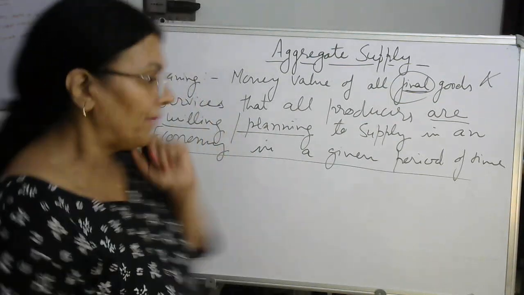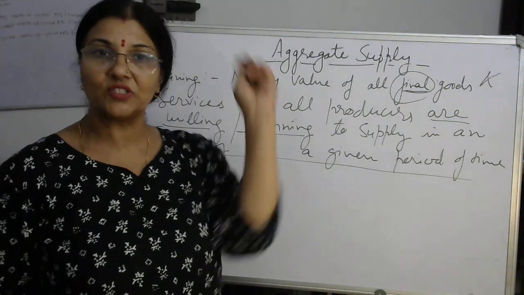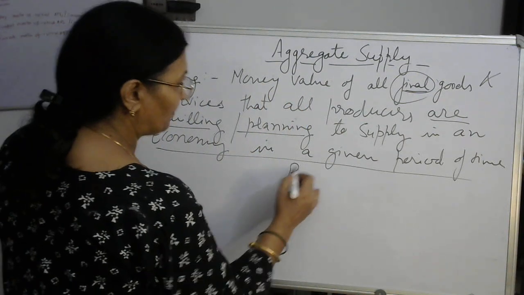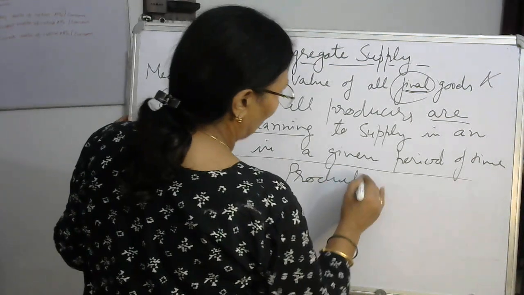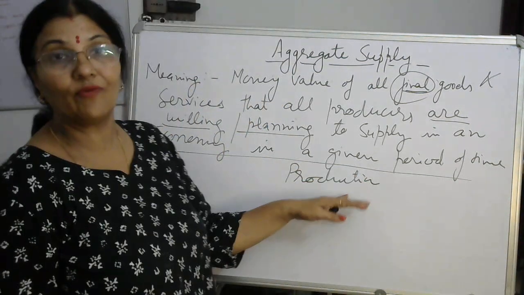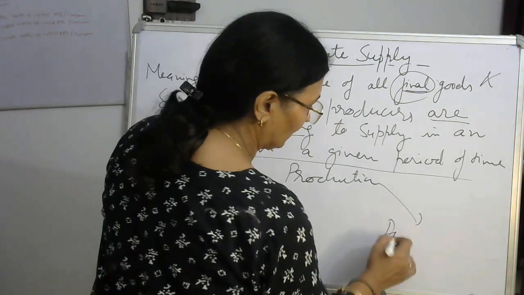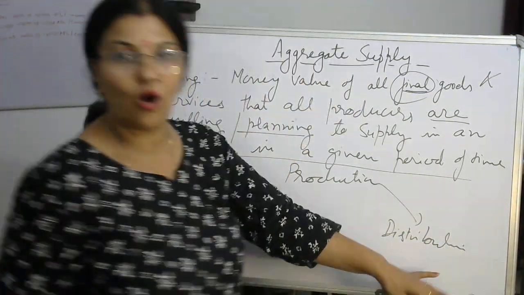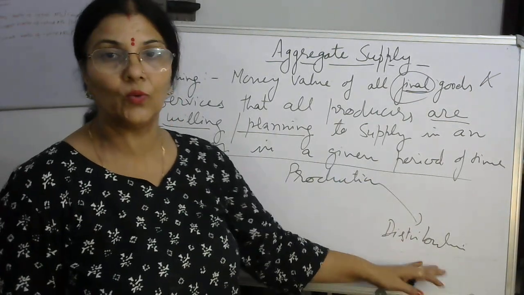And aggregate supply is the value of all final goods and services. Go to the first chapter of macroeconomics. I explained to you the first phase is the production phase, the income generation phase. Here we add the value of all final goods and services, and this is distributed among all factors of production, land, labor, capital and enterprise, and both are equal.